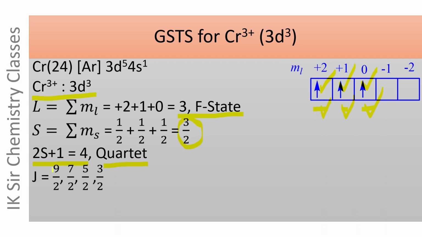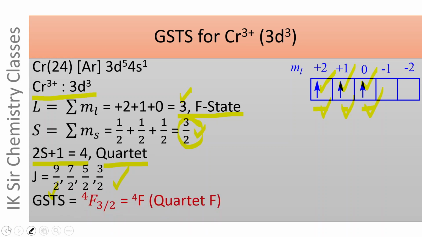The value of J varies from L+S to L−S. 3 + 3/2 is equal to 9/2, and the minimum value 3 − 3/2 is 3/2, and the value of J varies in integral steps, and there are 4 values of J: 9/2, 7/2, 5/2 and 3/2.